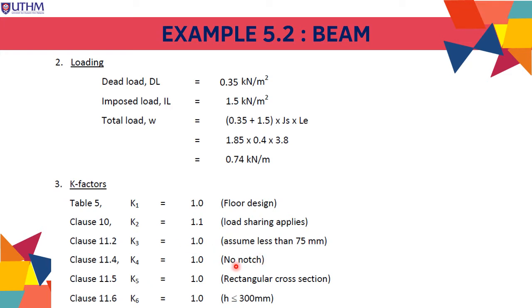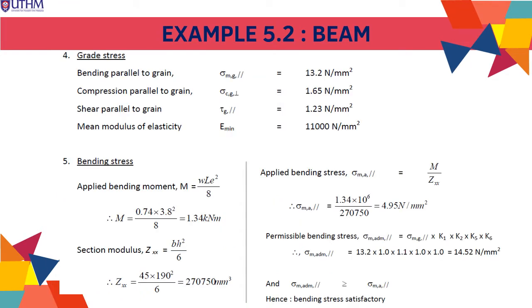No notch, K4 is 1. Rectangular cross section, K5 is 1. And the depth factor, K6, equal to 1. We refer to Table 4 Malaysian Standard Part 2 to obtain material properties of SG4 timber.